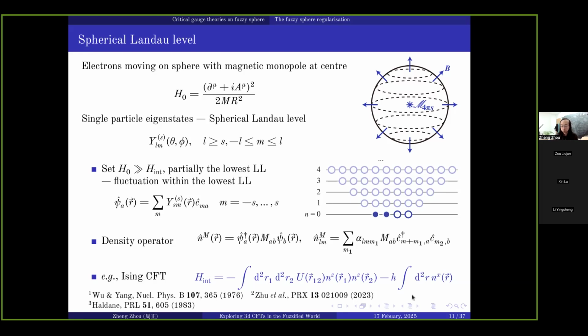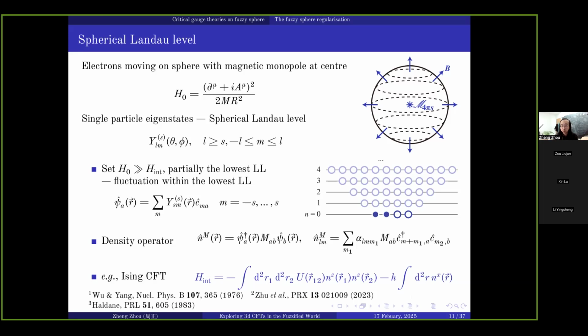Sorry, excuse me. I have a trivial question. So for the first condition, you have assumed that the H0 is much larger than the interaction part, right? Yes. So I want to ask how can we handle the situation that the interaction terms are comparable or even larger than the H0?